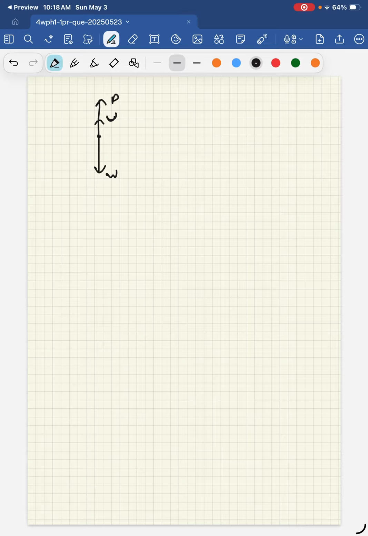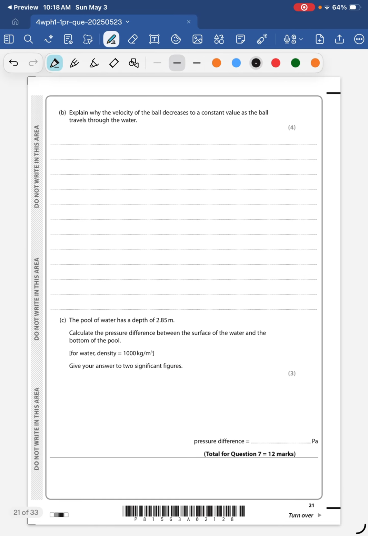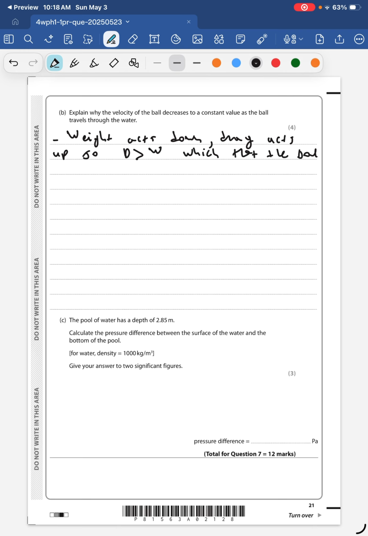I don't know if you learn about this, but in any case, we can write that weight acts down, drag acts up. So the drag is larger than the weight, which means that the ball decelerates, initially at least.